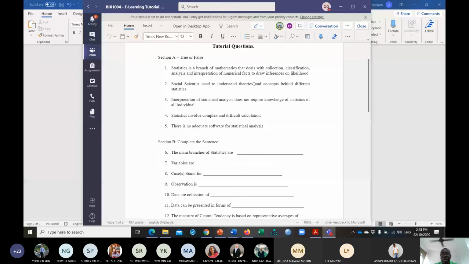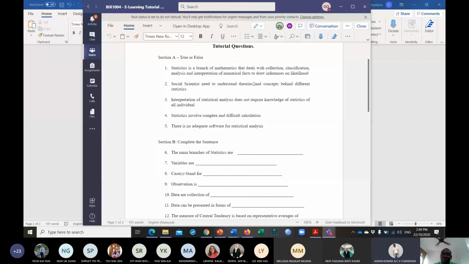Why do they need to? Who are saying false? Any justification? Because social scientists study based on theories and concepts, not based on numerical data.